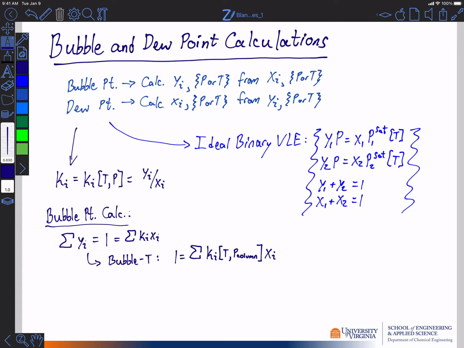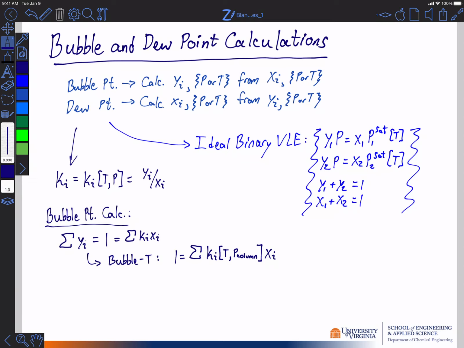And we could use goal-seek to use unity as our criterion for achieving our final answer in terms of the temperature for this bubble temperature calculation. And then we could go back in, and we could evaluate for each component the K values at the solved temperature that we just found through our bubble T first step of our calculation.